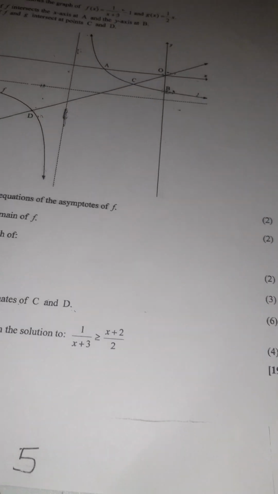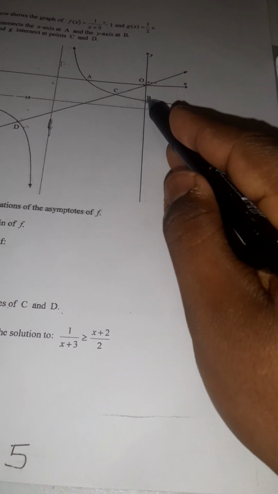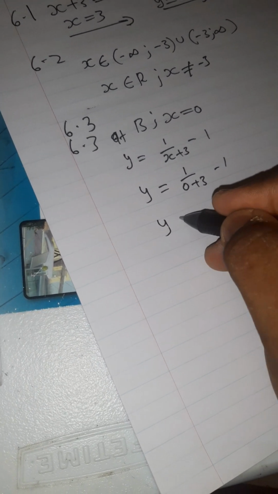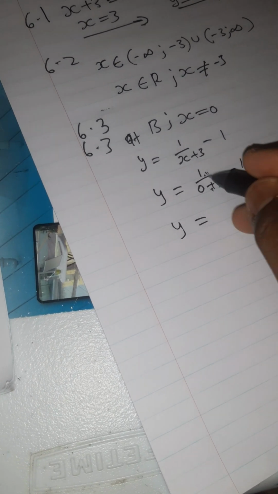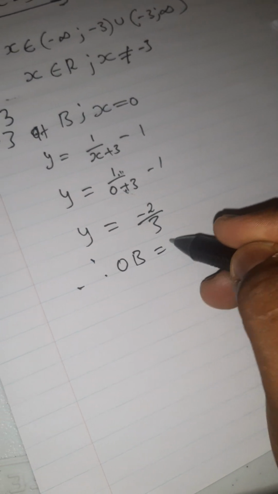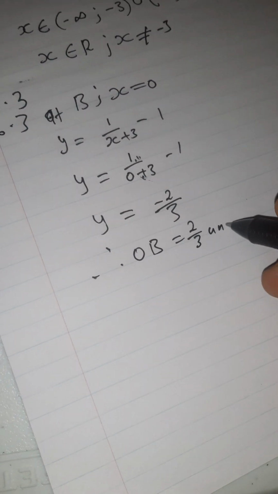Therefore, you write the equation. It is on the hyperbola, so you can represent it as y equals 1 over x plus 3 minus 1. But you said at B x is equal to 0, so we say 0 plus 3 minus 1. Then y is equal to, let's do our maths, I get -2 over 3 in my calculator. Therefore, the length of OP is equal to 2 over 3 units.